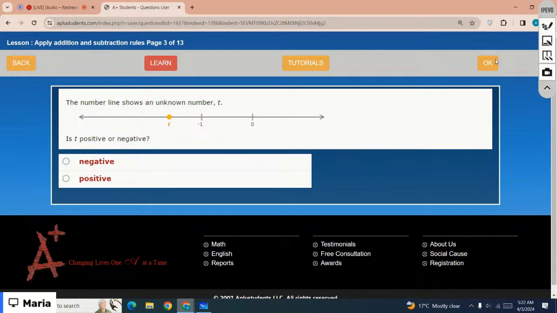So t must be negative. The correct option is negative.